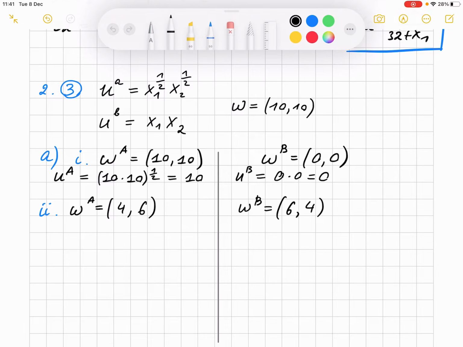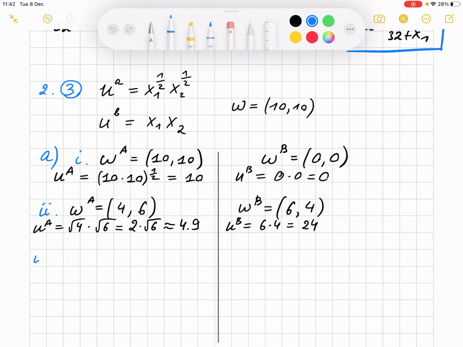And so then again, to see what will be their corresponding utility levels, you just need to substitute these values into the utility functions. And so we have that it's square root of 4 times square root of 6, and it's approximately 4.9 for agent A, and for agent B it's just 6 times 4, and it will be 24.